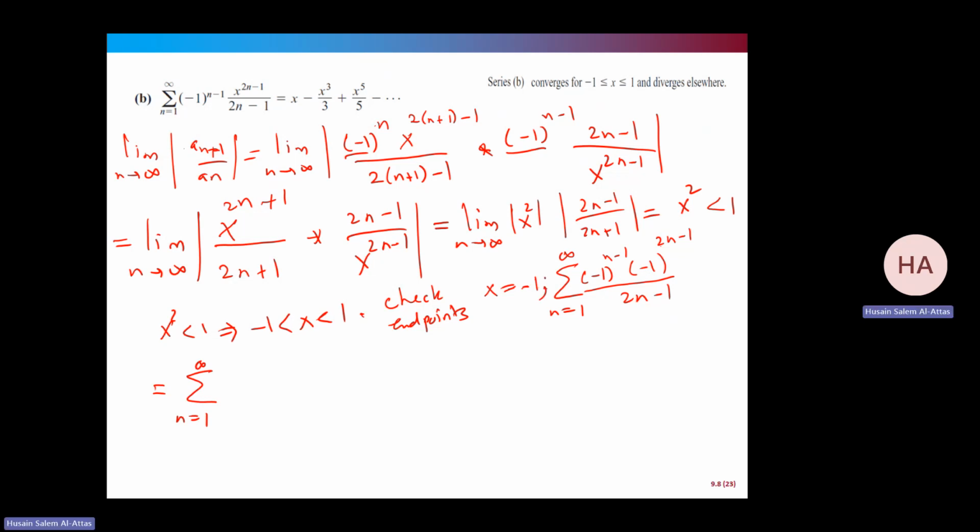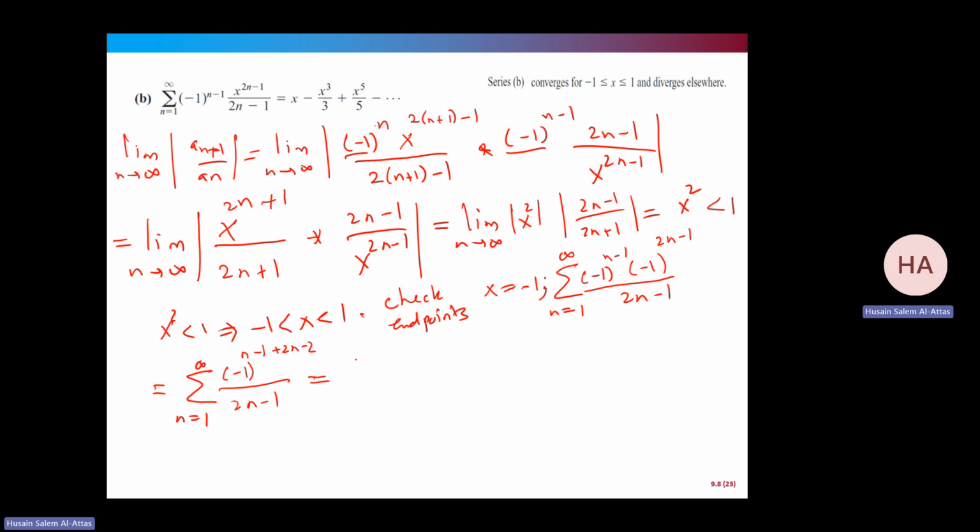I put minus 1 instead of x. Okay. Now this power is what? Minus 1 to the power n minus 1 plus 2n minus 2 over 2n minus 1. Am I right? Yeah.